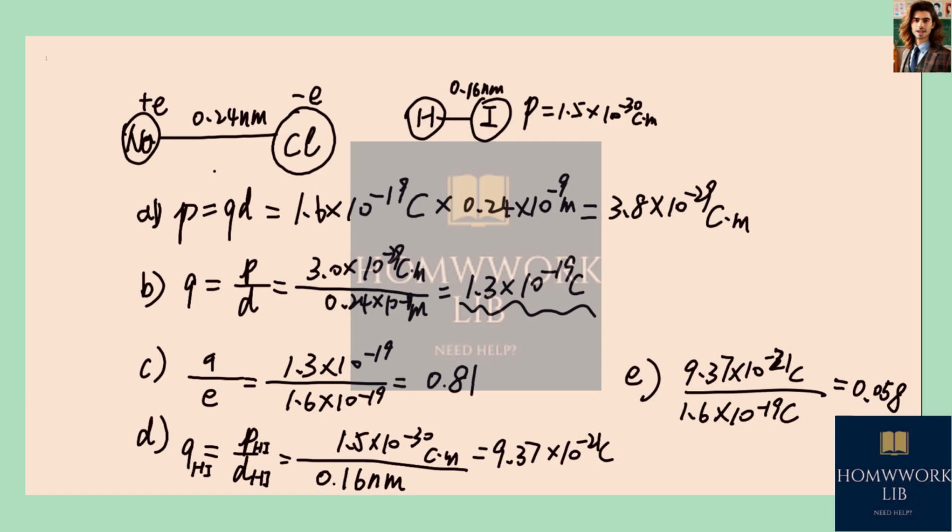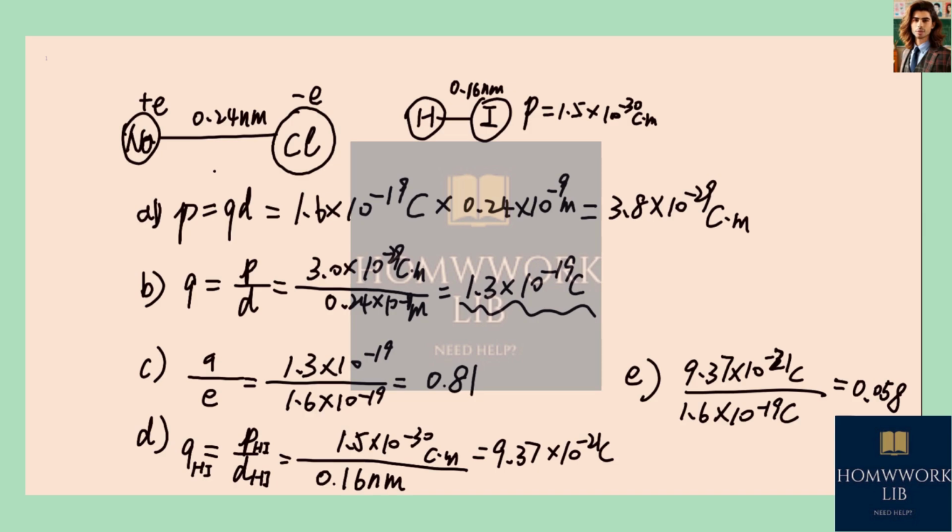So this tells us that this bond is a lot weaker, and that is to be expected because both sodium and chloride are very strong ions, and whatever bonds them together is an ionic bond, as opposed to hydrogen iodide. We know it's not an ionic bond, it is a covalent bond, because usually hydrogen doesn't form ionic bonds with other things.